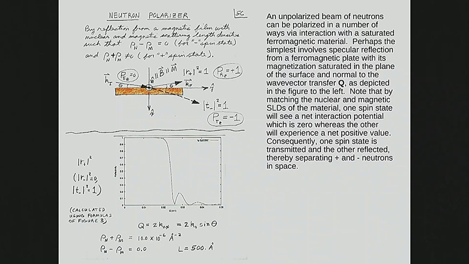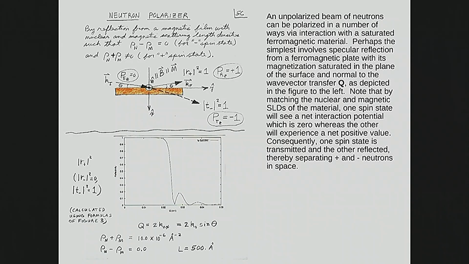And if you pick the magnetic and nuclear scattering lengths and densities to be just equal to one another by proper selection of the materials, you can make this zero, so that if a beam comes in like this, one spin state sees that and reflects very strongly below this critical angle with unit reflectivity, in fact, whereas the other spin state sees the difference in the two, and it doesn't see anything.